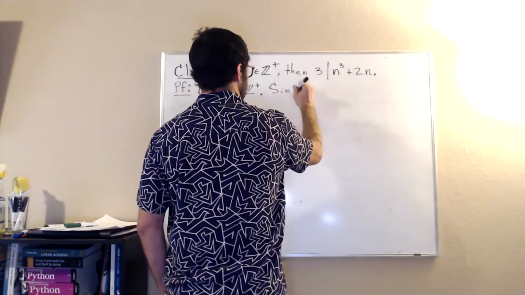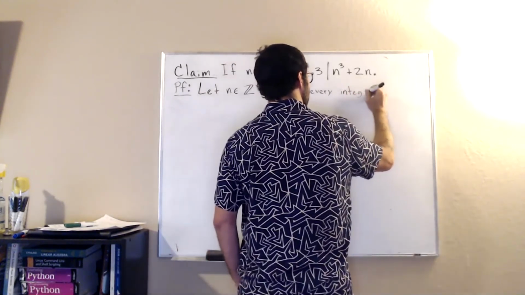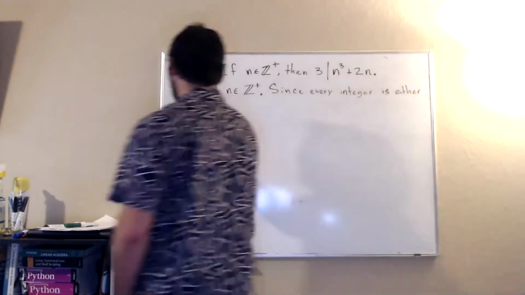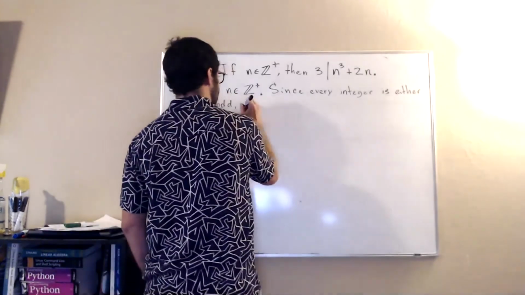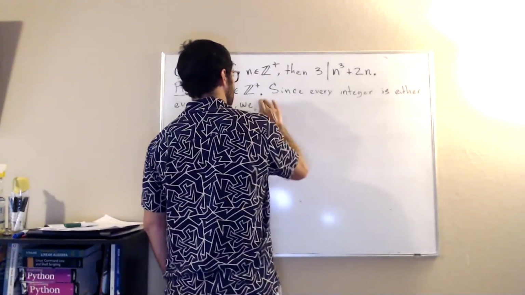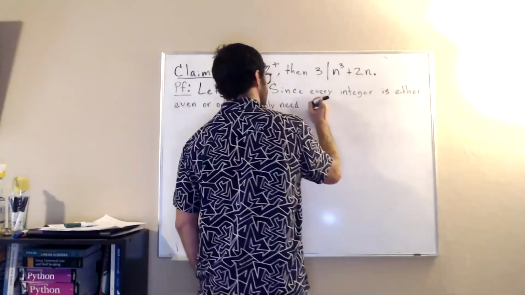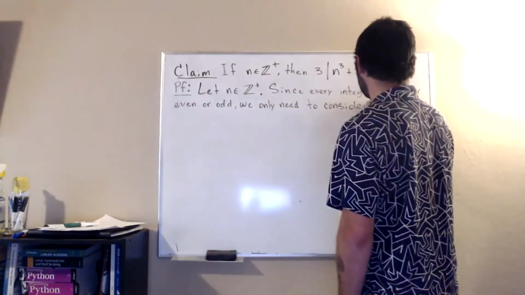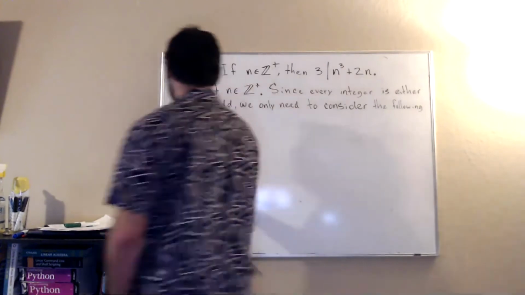Since every integer is either even or odd, we only need to consider the following two cases.